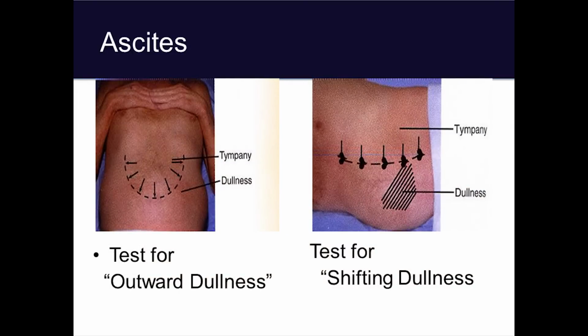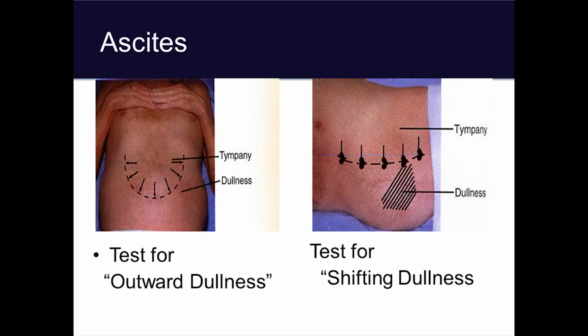Ascites is really the presence of fluid in the peritoneal cavity. You might think about ascites in a patient who has a protuberant abdomen with bulging flanks, as seen in the diagram on the left-hand side. Basically, fluid sinks with gravity.